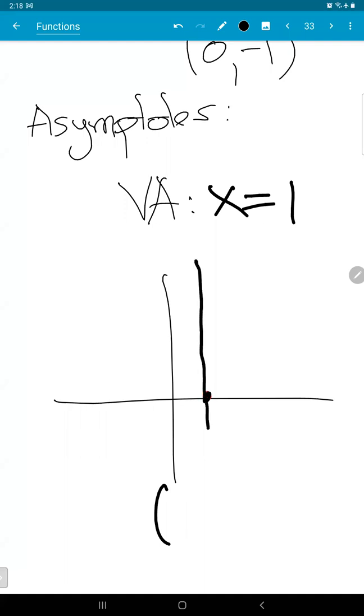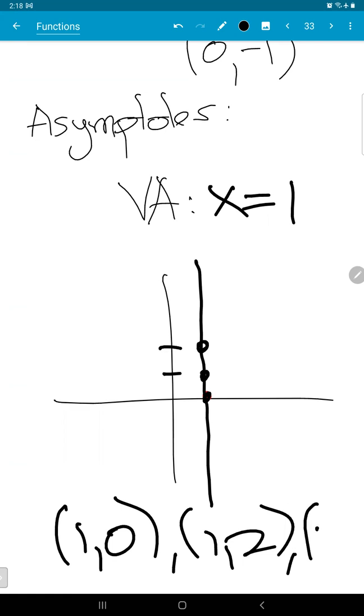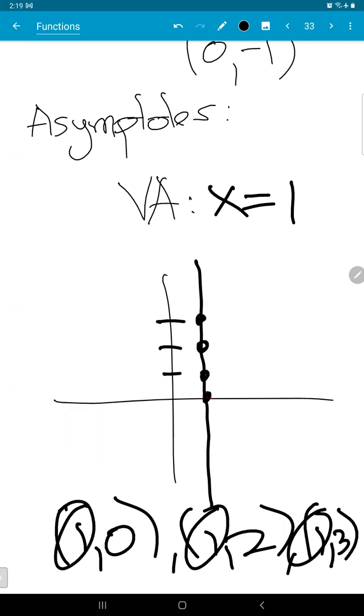Okay. All right. Sorry, got confused. So (1, 0), and then (1, 2), or (1, 1). You can have (1, 2), (1, 3), as long as the x coordinate is 1, then it satisfies this equation.